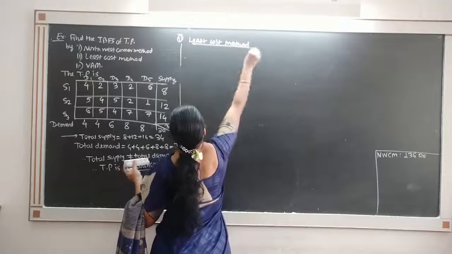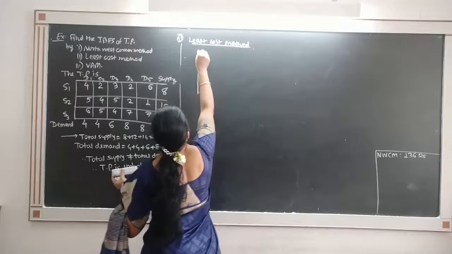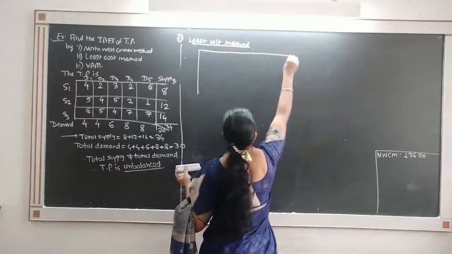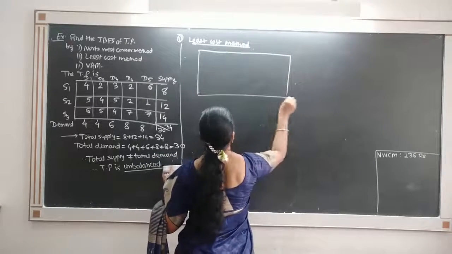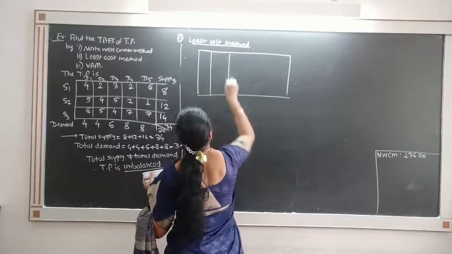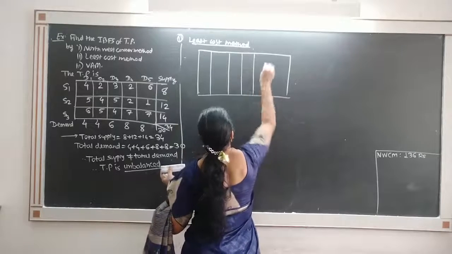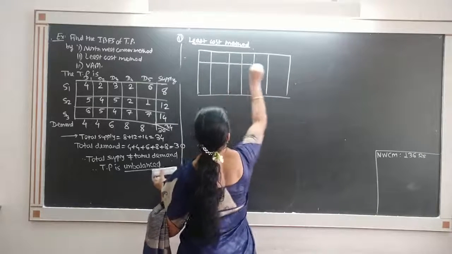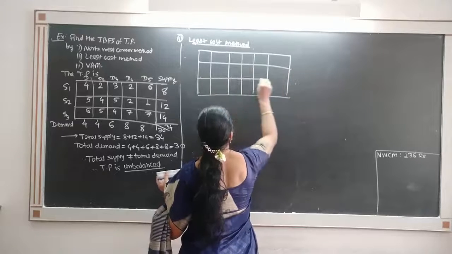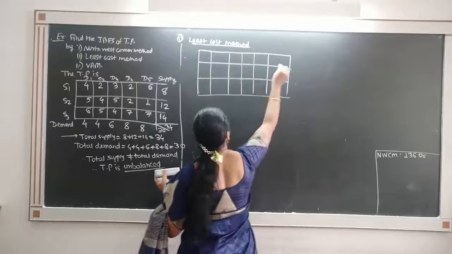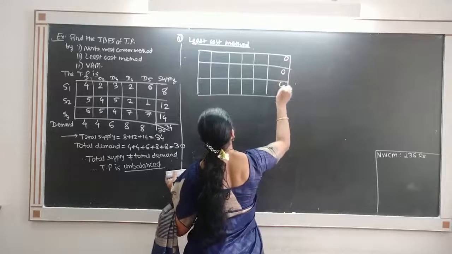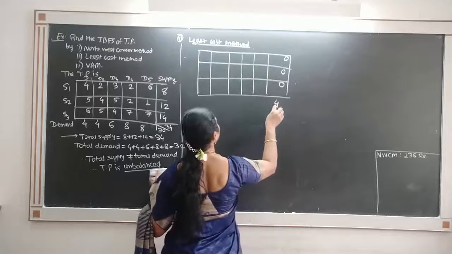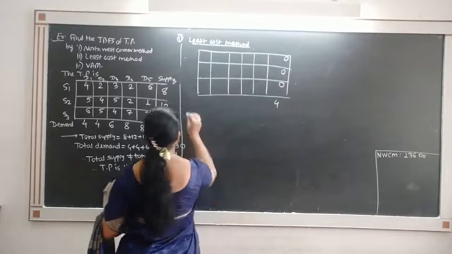We will adjust: one dummy column is added to convert the unbalanced transportation problem to a balanced transportation problem, having transportation cost to be 0 and demand equal to 4.